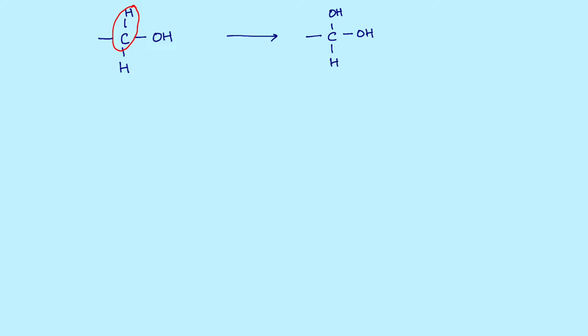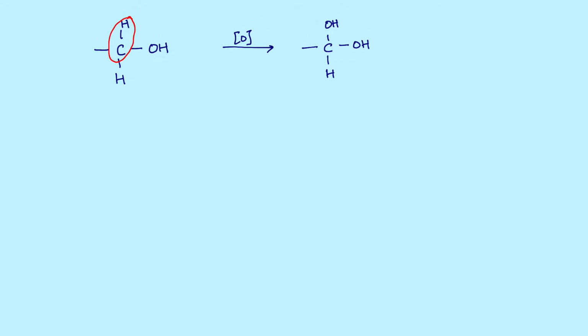Now we know that two OH groups attached to carbon is not a very stable arrangement. Why? Because the oxygen atoms over here have lone pairs of electrons and both of them are like, take my electrons, so carbon will be a little confused.